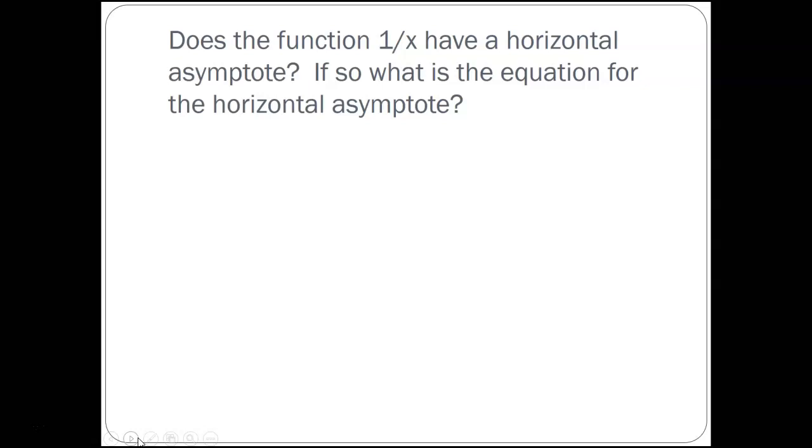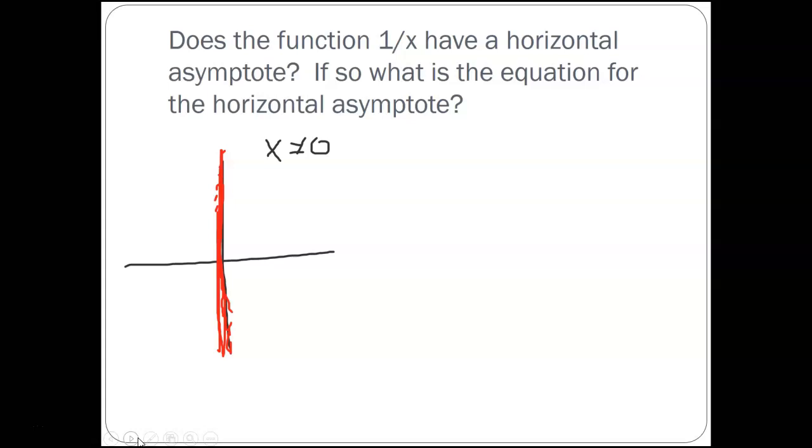So it says, does the function 1 over x have a horizontal asymptote? If so, what is its equation? So think about the graph of 1 over x. We know that x cannot equal 0, so we know it has a vertical asymptote at x equals 0.